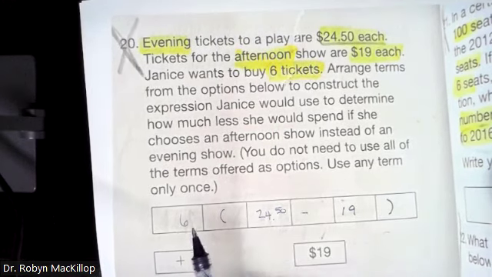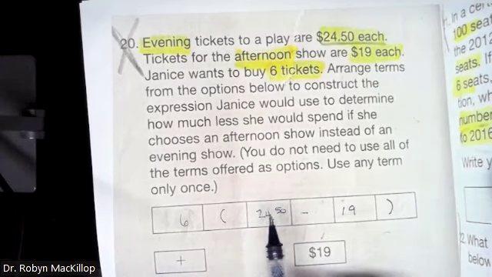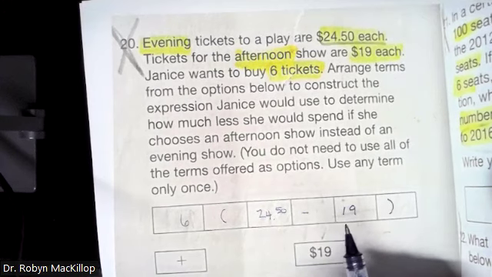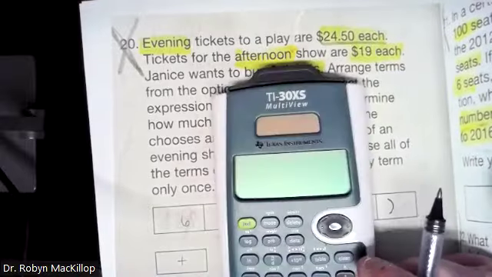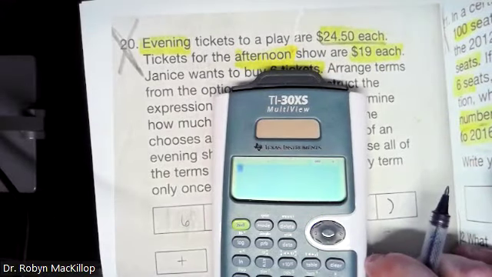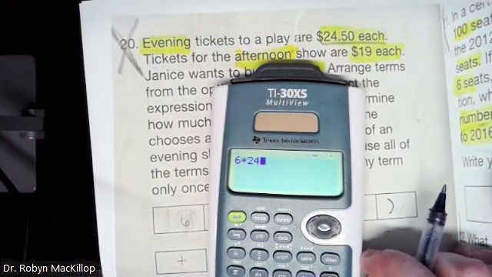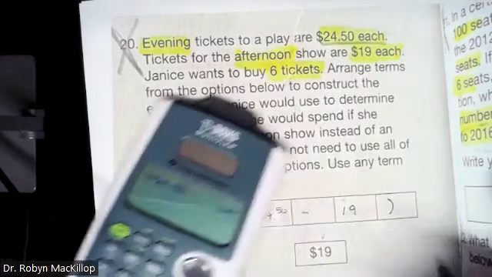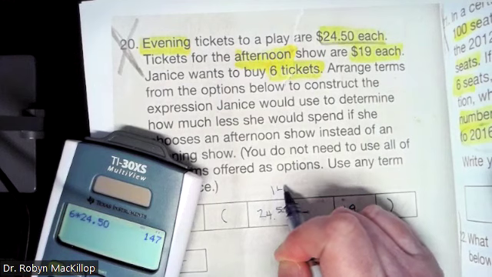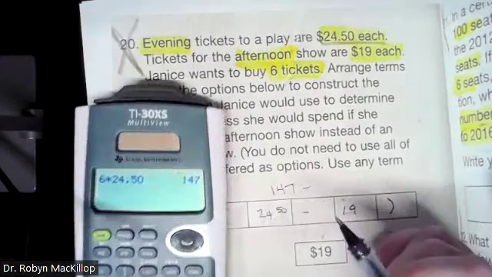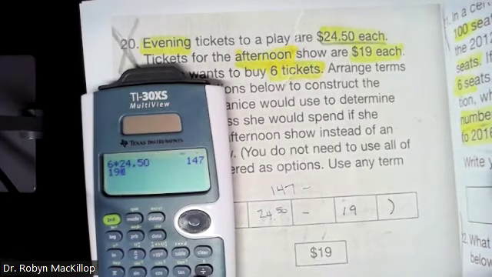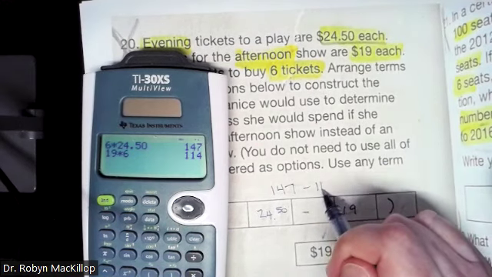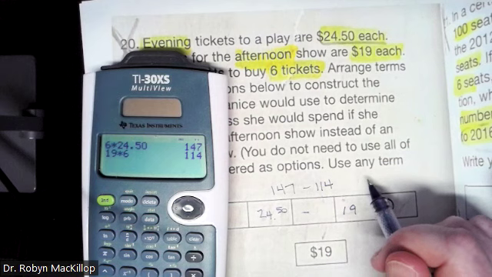So this should tell her 6 times 24.50 is, where's my calculator? 6 times 24.50, it's going to basically be 147 minus 19 times 6, 114, which is a difference of 33.